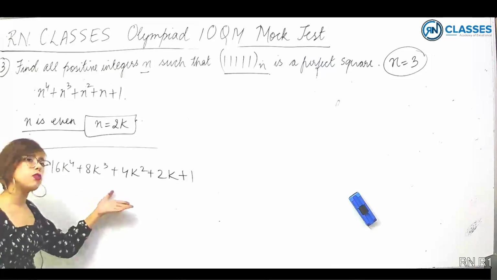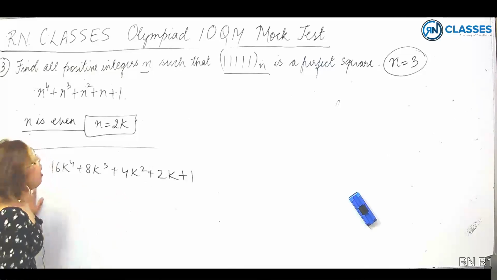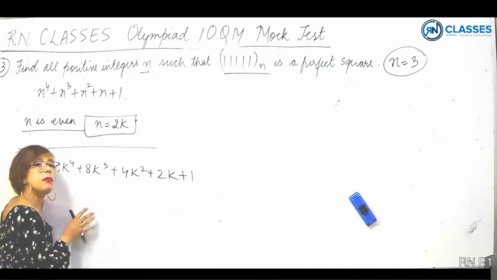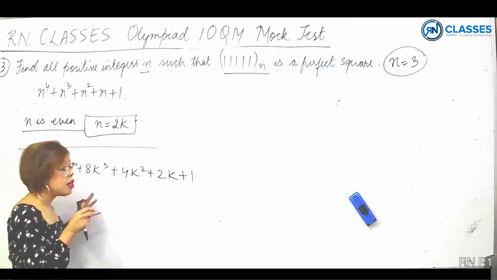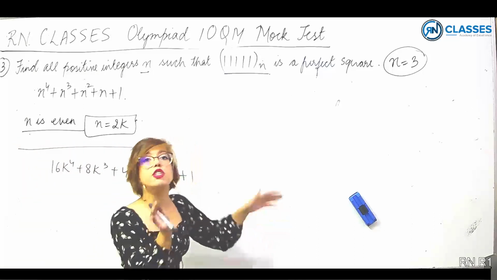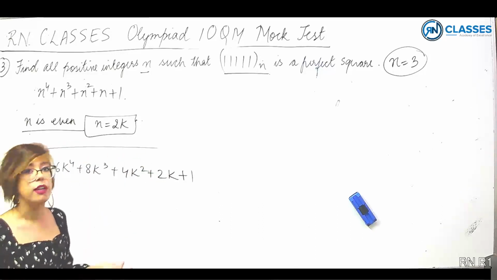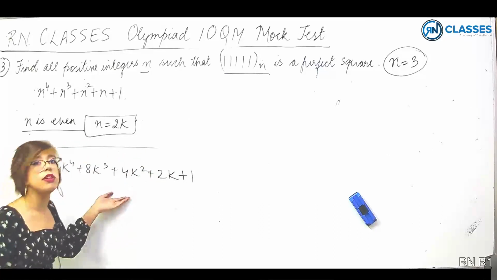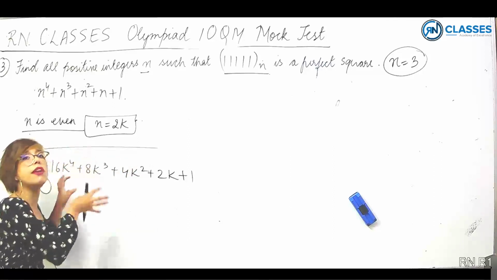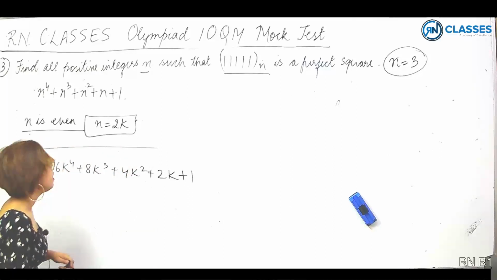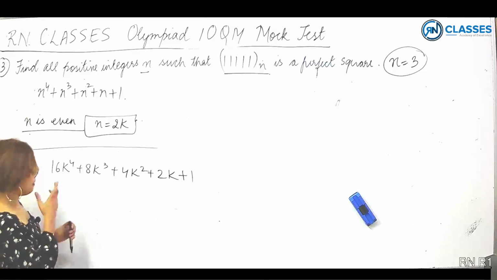Now this is not a perfect square itself, but I need to make it a perfect square. So let me try to find some polynomial which is near to this one and which is a perfect square. It is not directly visible, so let us look for a polynomial which is close to a perfect square.